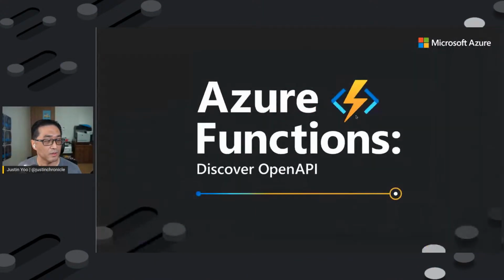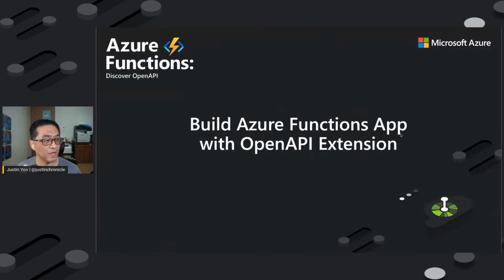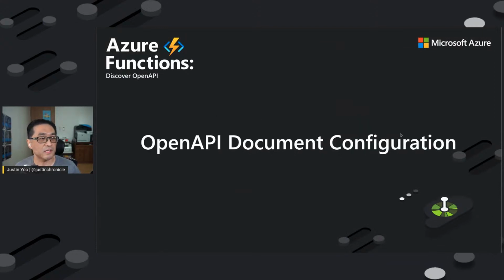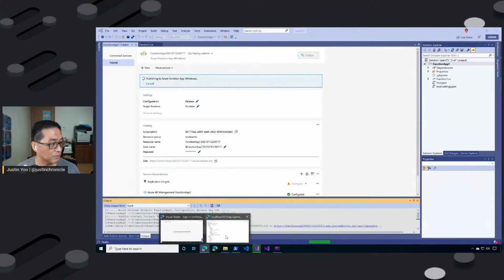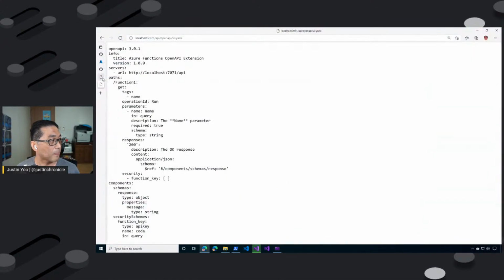So for now, I used the Azure function application with the OpenAPI extension. This time I'm going to show some of the configuration capability of the Azure function application. What that means is, I'm back to this one.